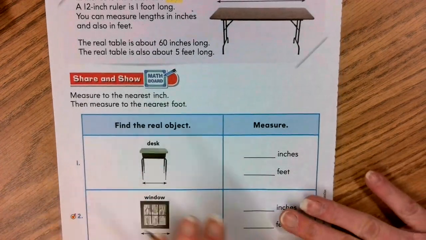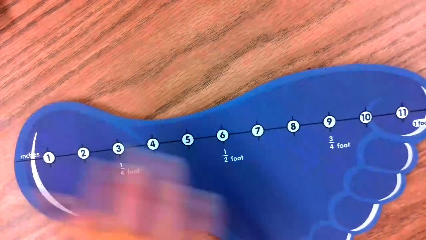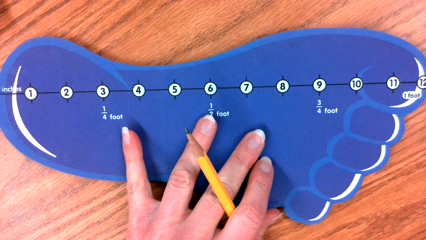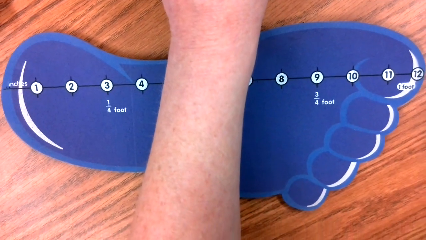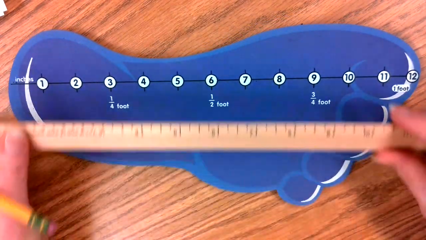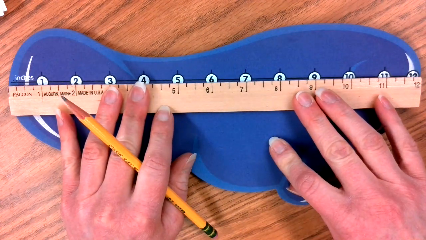Now, before we go on and work on this page, we're going to talk about our 12 times tables for just a second. We know that there are 12 inches in a foot. This is 1 foot. And I'm going to see if I can make this a little bigger so we can get the whole foot in there. And you'll notice that here's my inch ruler, and it is the exact same length.